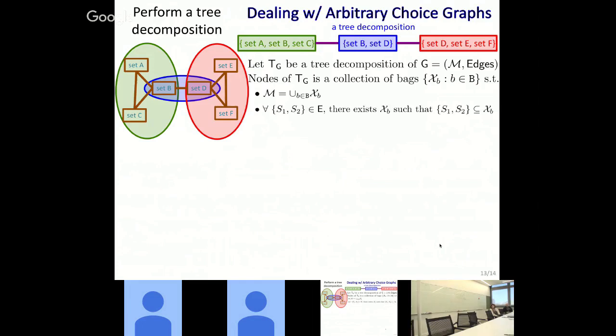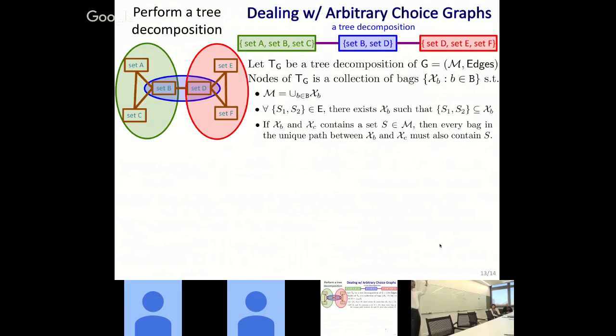And for any edge in the original choice graph, there must be a bag containing it. And the most important property of the tree decomposition is the running intersection property, which means that if you have any 2 bags which have a set in common, that set must always occur in every bag in the unique path connecting the 2 bags. That's the running intersection property.